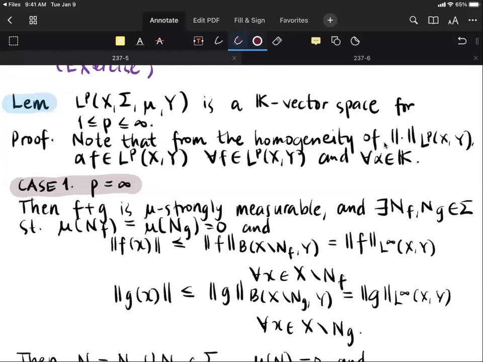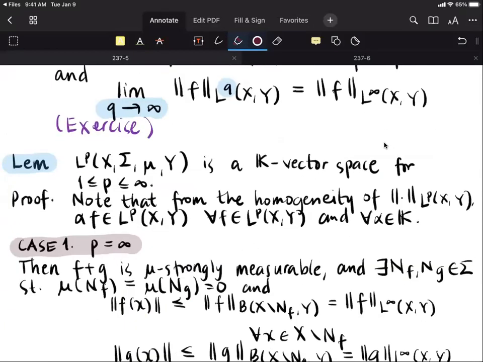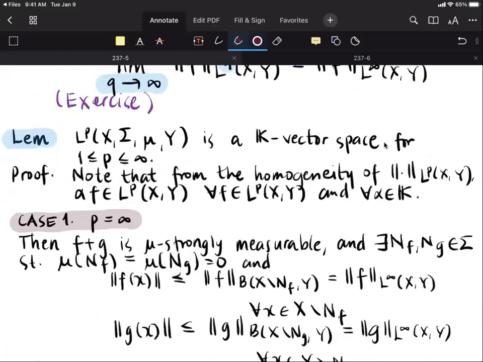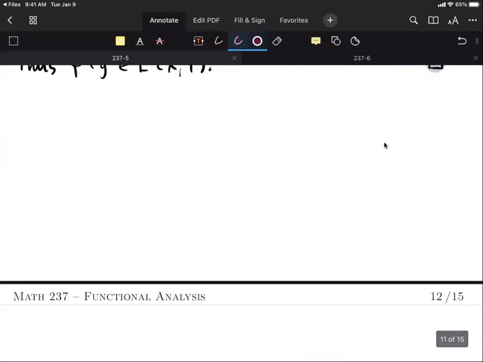So that's the first part. Next, we show that indeed this function here is a norm. That would be the next lemma.